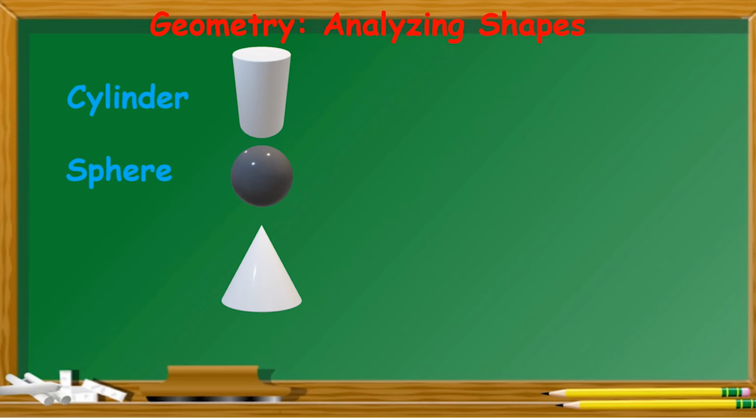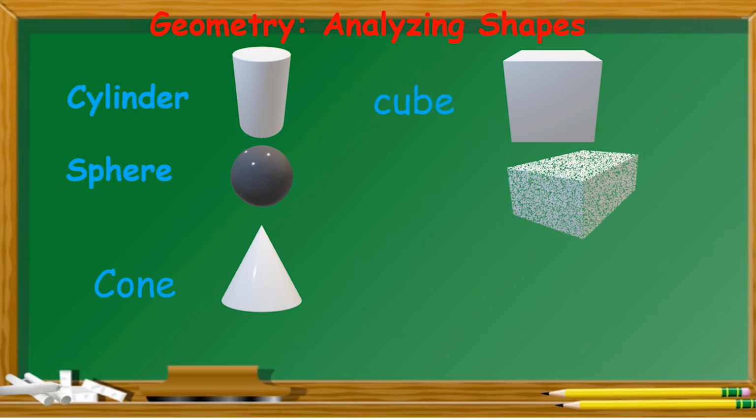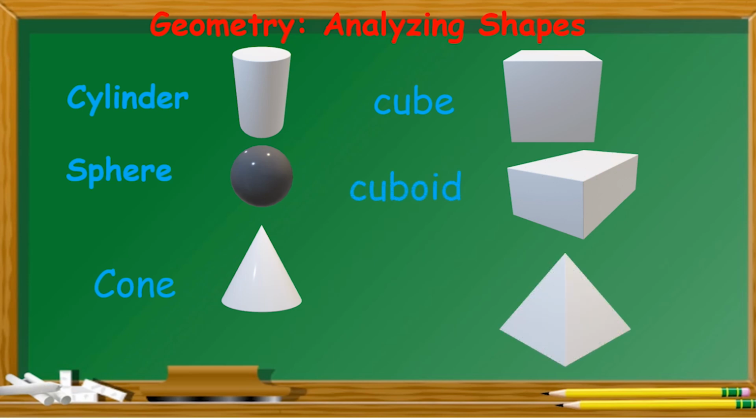Next, what is this? Cone. And next, we have cube, cuboid, and pyramid. So these are our 3D shapes.